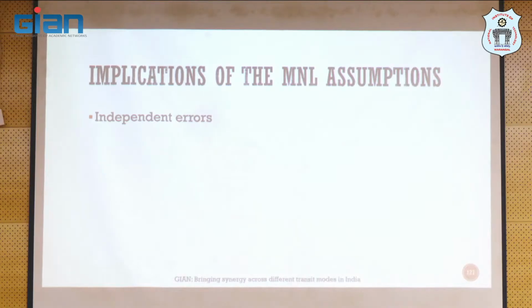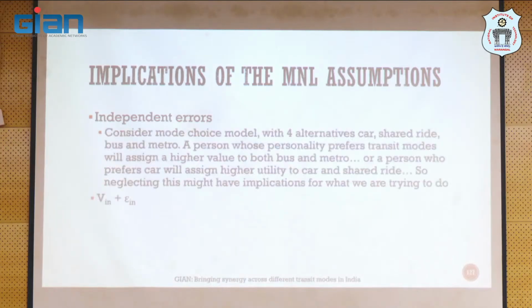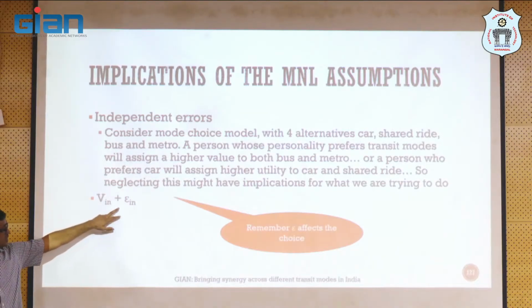There are people who like the car, they will not take public transit. So those two are not independent. There is a correlation. And we also make the assumption, talking about this here, that epsilon will affect our choice, and we are assuming that epsilon is independent.